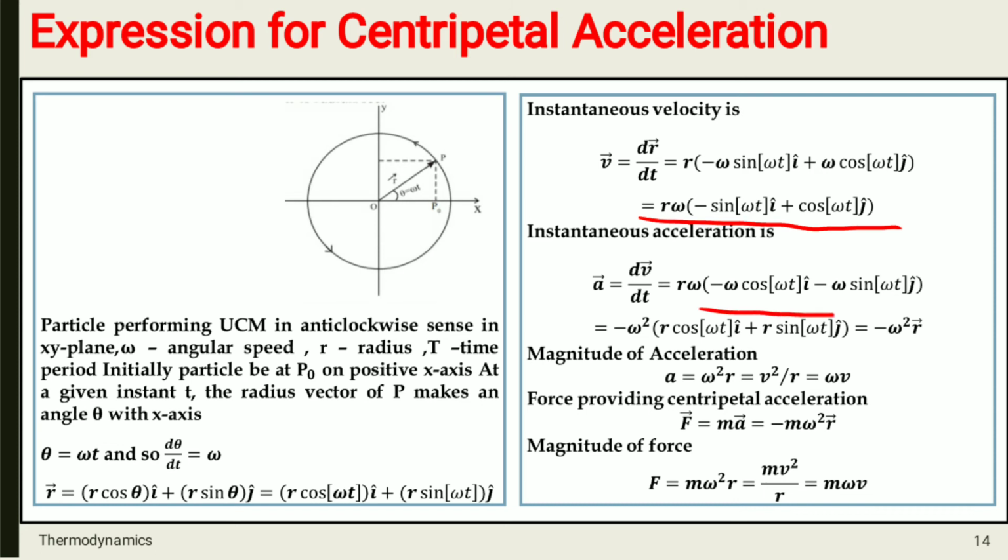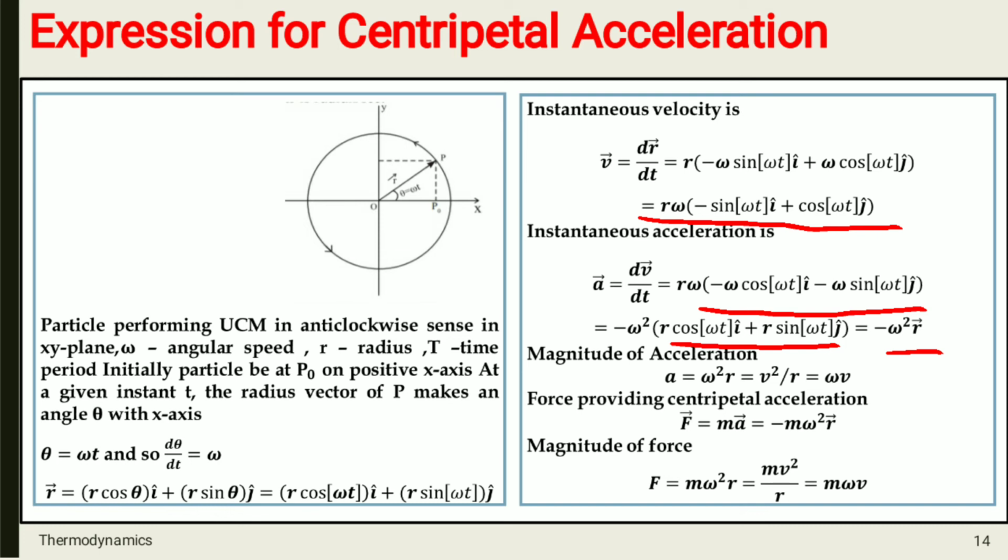Taking omega as common, you get -omega square[r cos omega t i cap + r sin omega t j cap], which is equal to -omega square r. This expression is again the radius vector, so instead of this total term you can write the position vector r bar.